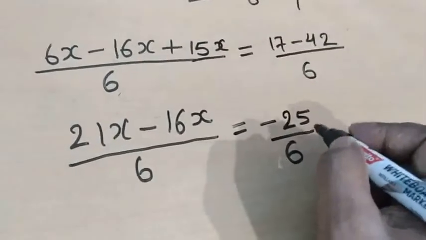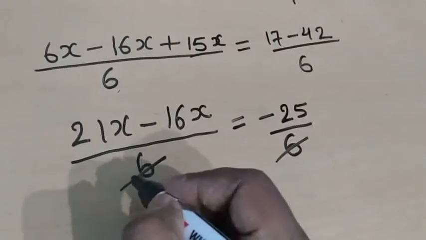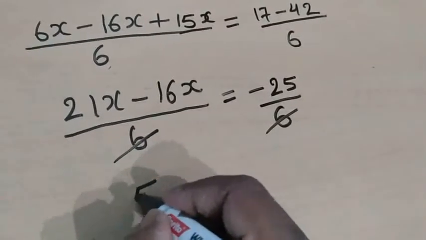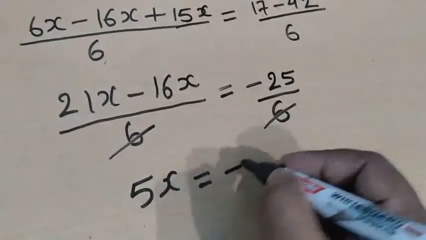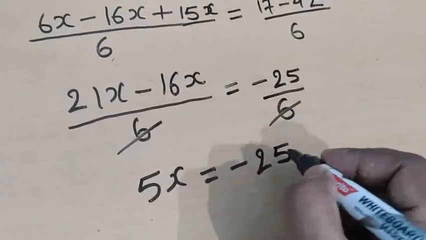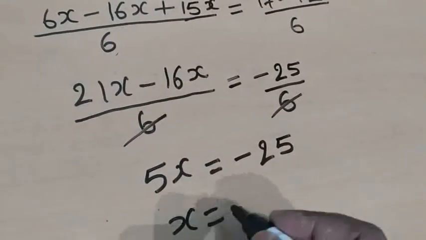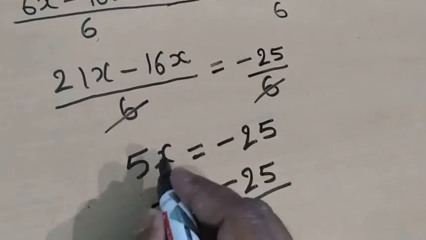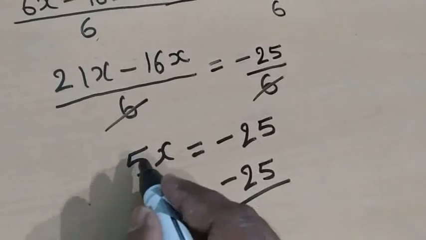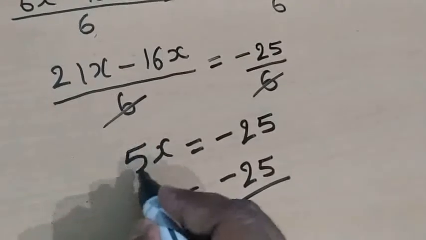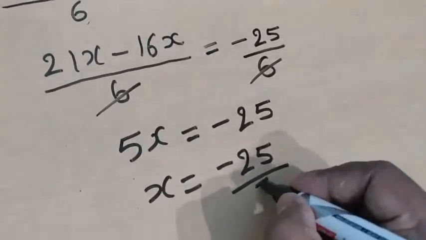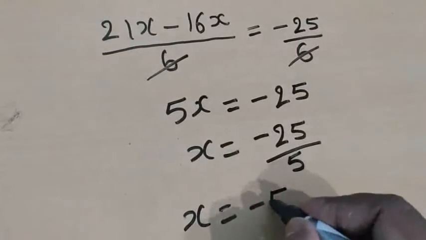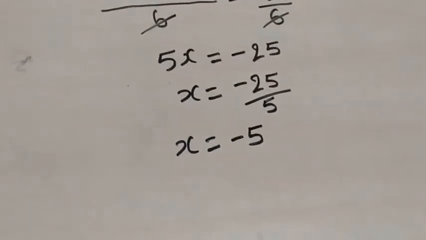Okay, you can cancel this 6 and this 6, no problem. 21x minus 16x is equal to 5x is equal to minus 25. Okay, so x is equal to what? Here you can see on the left hand side x is multiplied by 5, so we transfer this 5 to the right hand side, so it divides minus 25. In this way we obtain x is equal to minus 5. Okay, this is clear.